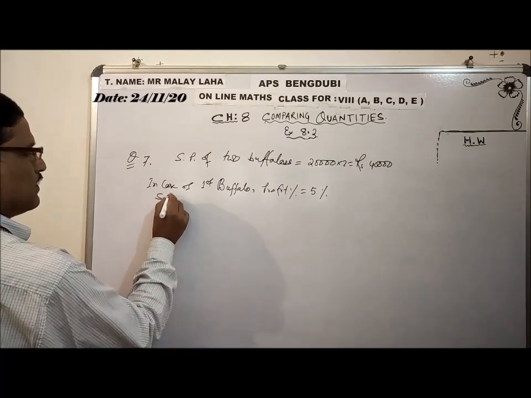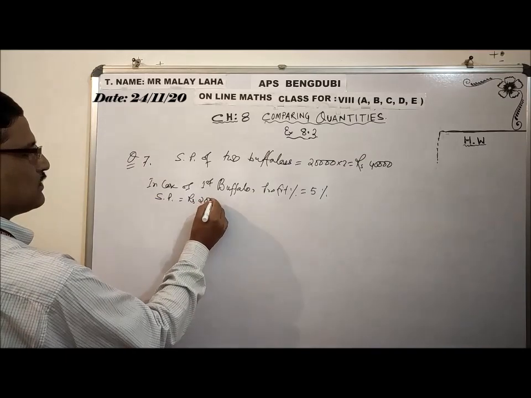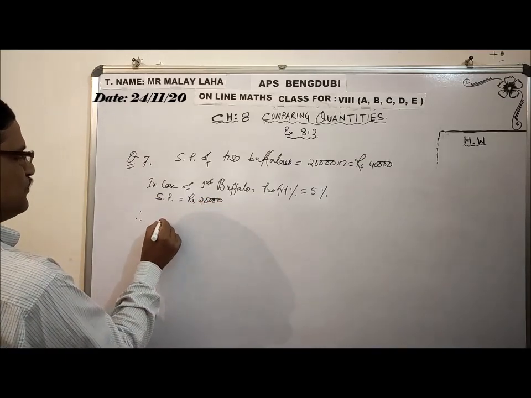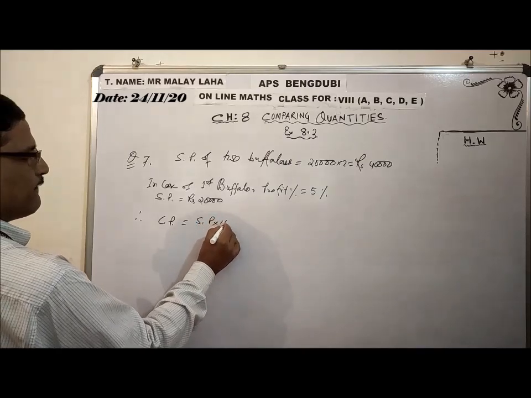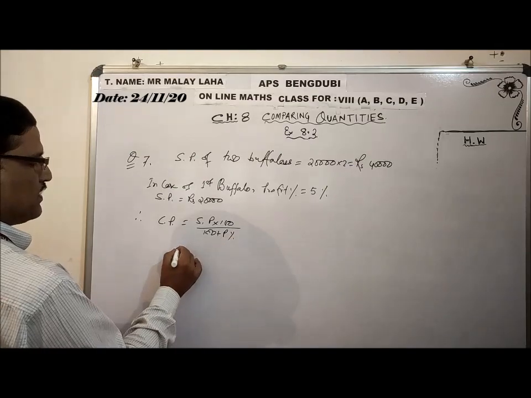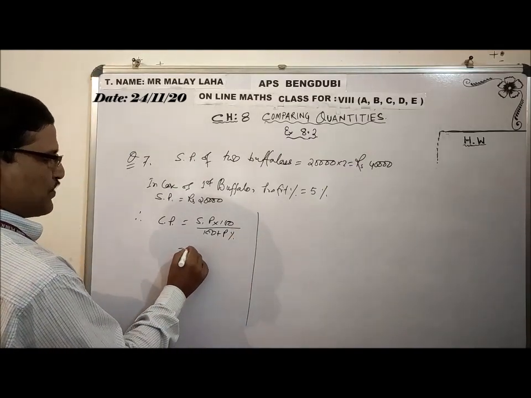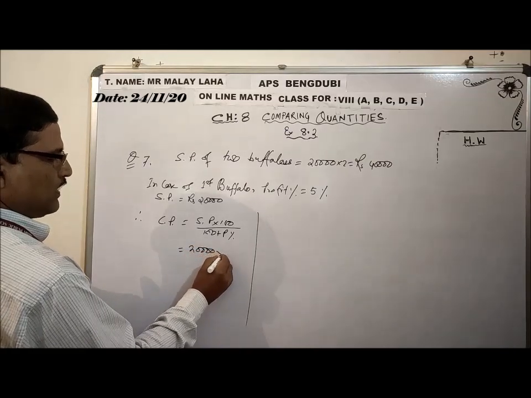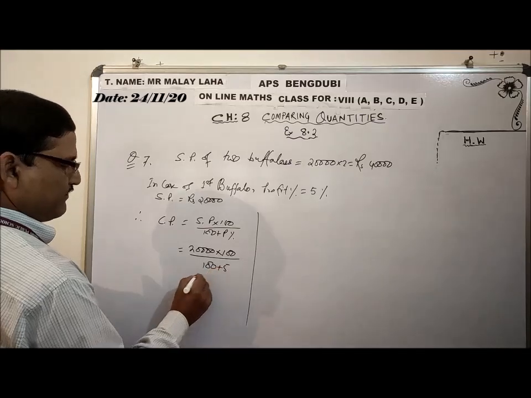SP is equal to rupees 20,000. Therefore, you need to find the CP using the formula: CP is equal to SP into 100 by 100 plus P percent, since it is a profit. Calculate. SP is 20,000 into 100 by 100 plus 5.